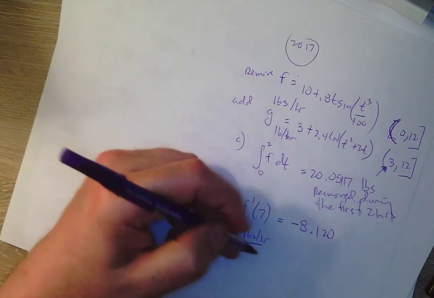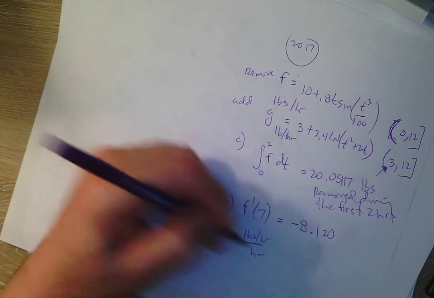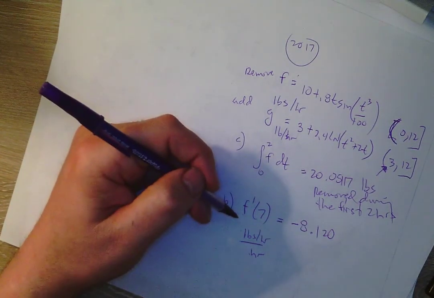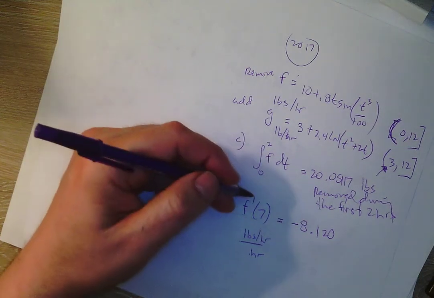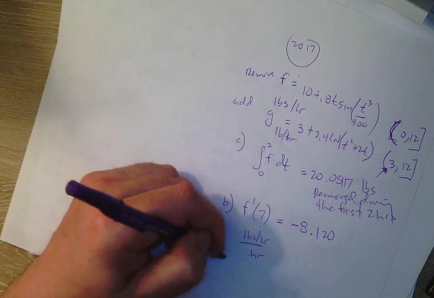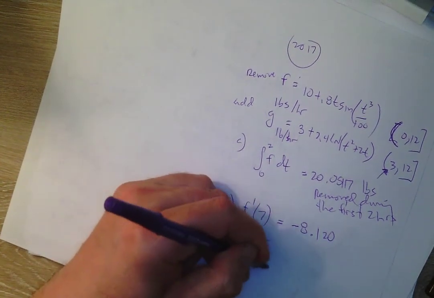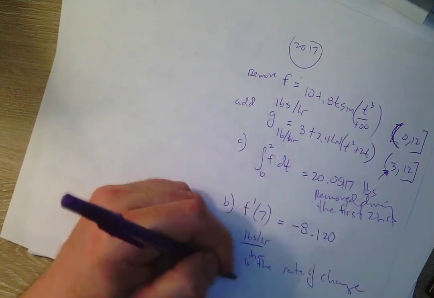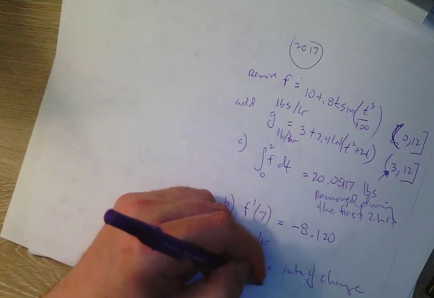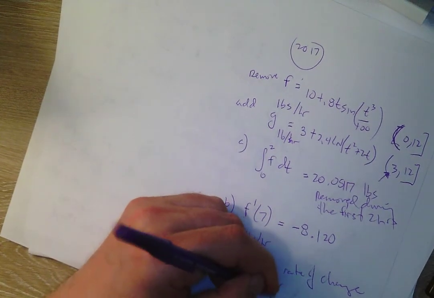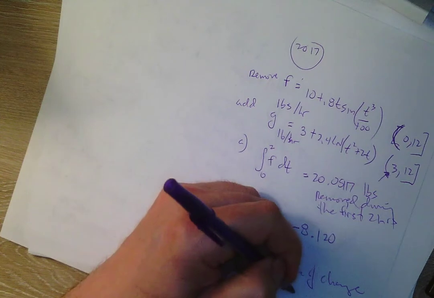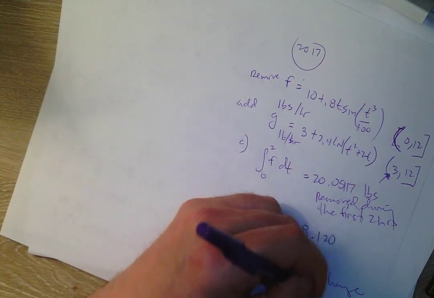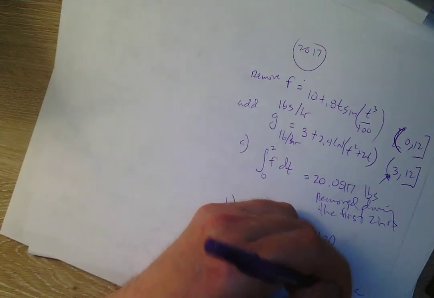And when I take its derivative with respect to time, it's pounds per hour. So this is the rate of change in pounds per hour at t equals 7 hours.